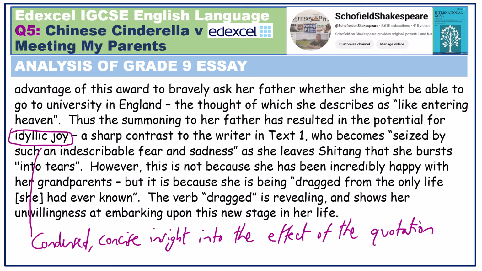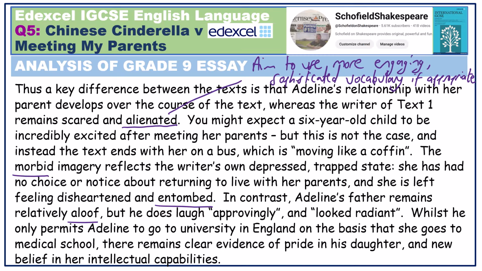Remember to compare at the beginning of sentences and halfway through as well. Note the technique of putting a dash mid-sentence and starting the subsequent phrase with a sharp contrast to. Even in the final paragraph, introduce some different interesting quotations to produce further detailed comparative insight into the text. No need to waste time on a limp conclusion.